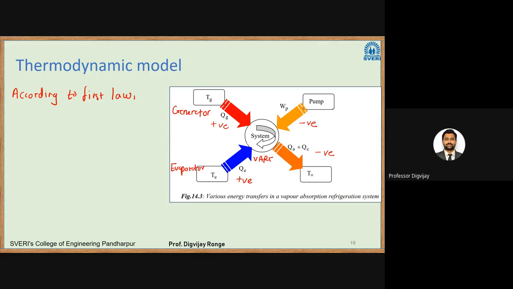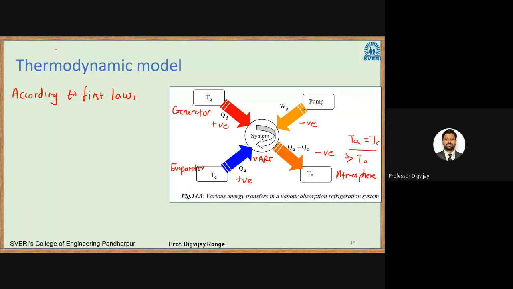Okay, then we have pump, and here it is the atmosphere. So what we have done here, whatever temperature of absorber, it is assumed to be equal to temperature of condenser. So there is a small assumption being made. So that will be equal to, that you have considered as TO, that is the outside atmospheric temperature.